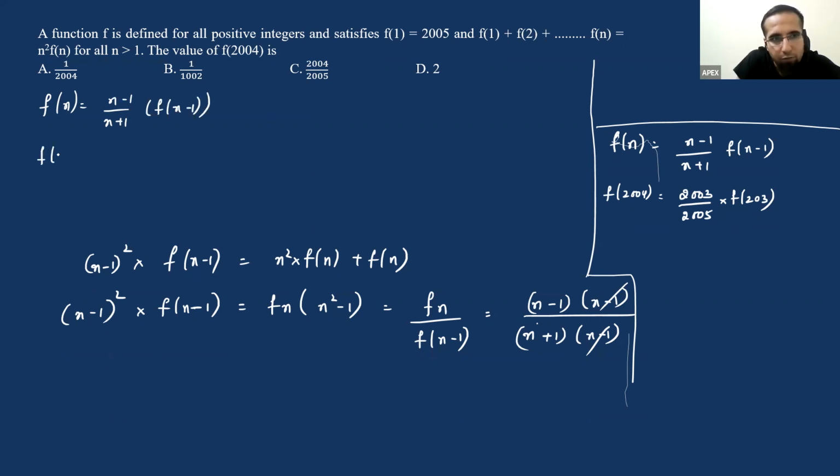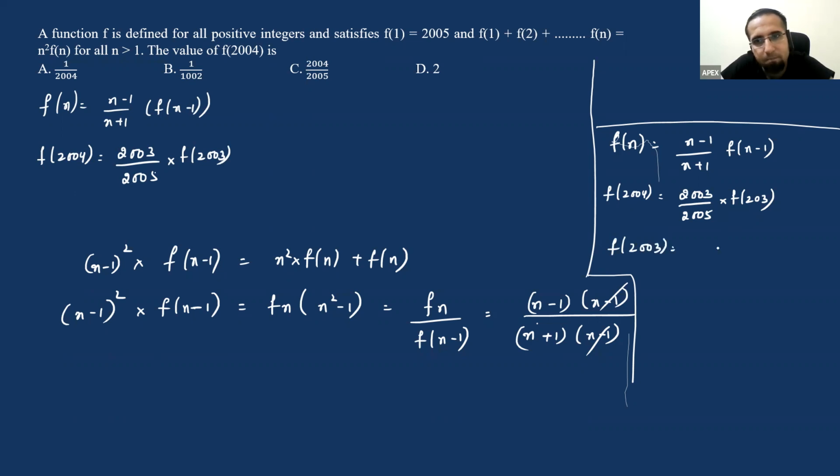So f of 2004 is equal to 2003 divided by 2005 into f of 2003. Now what is f of 2003? If I replace this here, that becomes 2002 divided by 2004 into f of 2002.